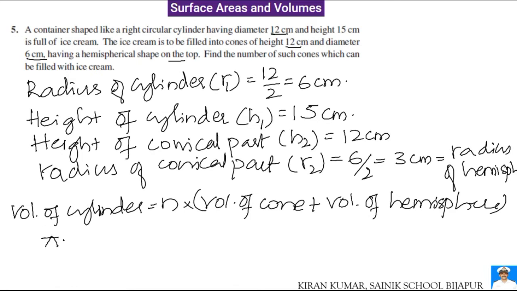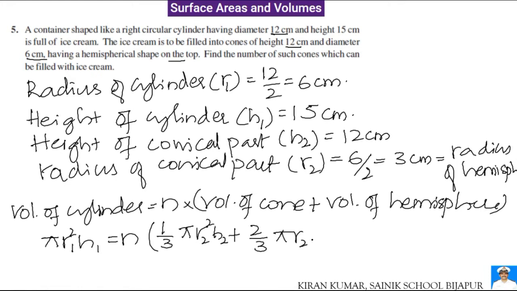It is pi r1 square h1, equal to number of cones times the volume of cone, 1 by 3 pi r2 square h2, plus the volume of hemisphere, 2 by 3 pi r2 cube.